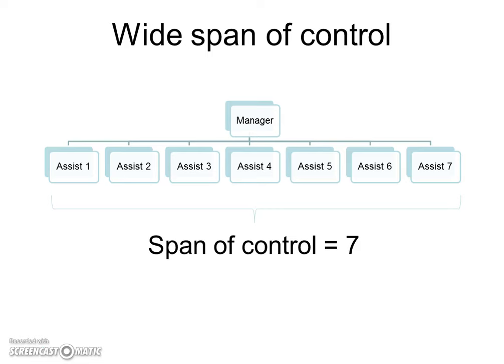Now if there's 7 people that you're responsible for, that would tend to mean that they are fairly skilled, fairly experienced, quite reasonably capable of their job. And also the nature of the work that they're doing is not going to be catastrophic if they make some kind of small mistake.